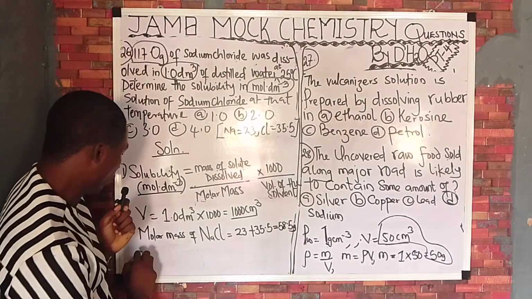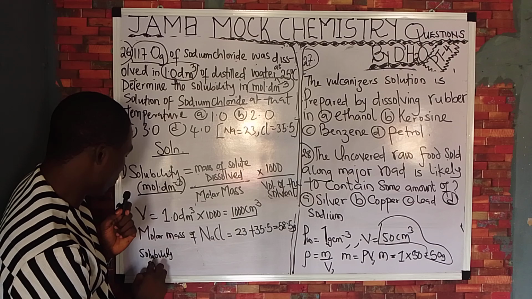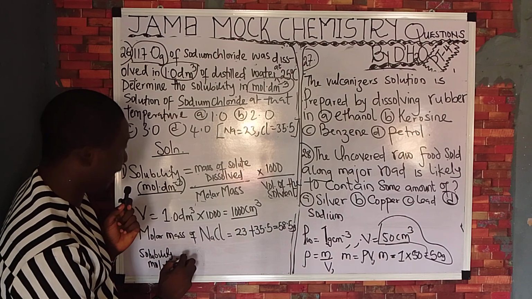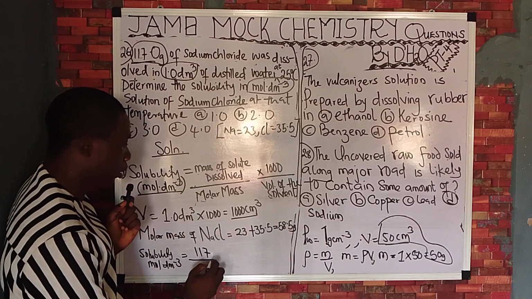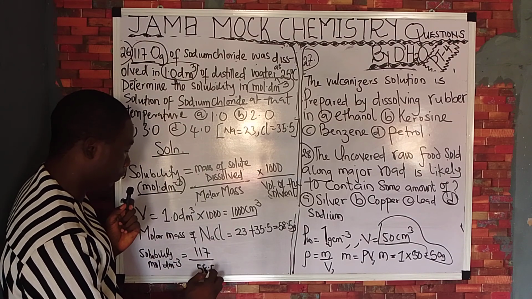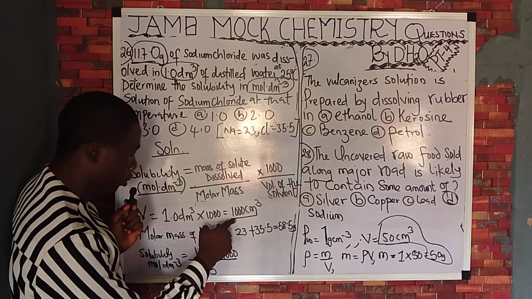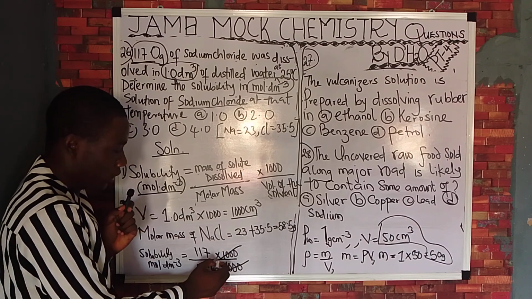That's the molar mass. So if you're looking for solubility now, we have gotten our answer. Solubility in mole per dm cube will be equal to the mass of the solute that dissolved, which is 117, over molar mass 58.5, times 1000, all over the volume. The volume is what? 1000. So this cancels this one.